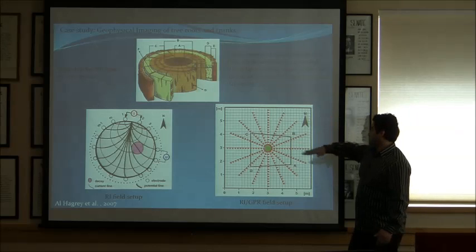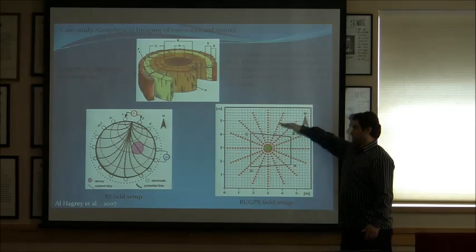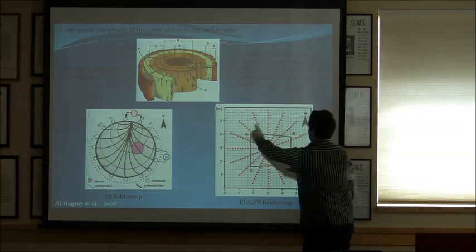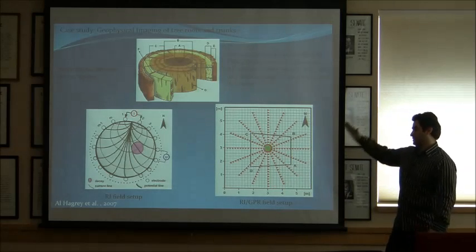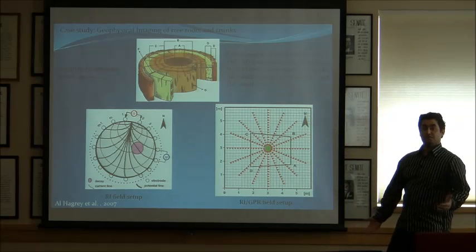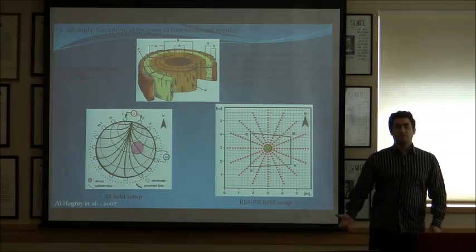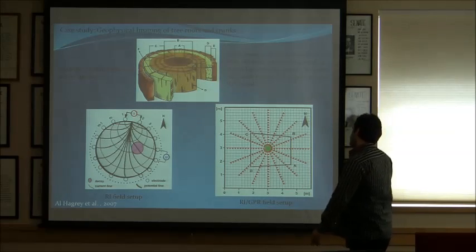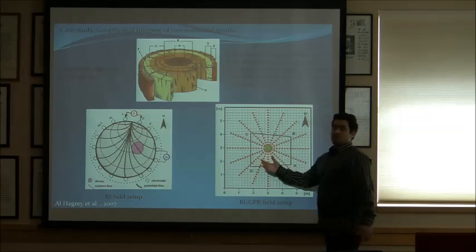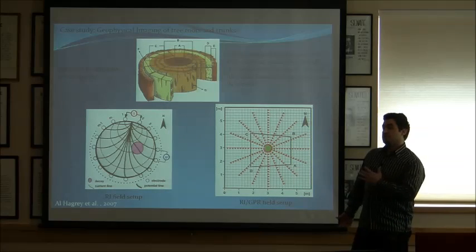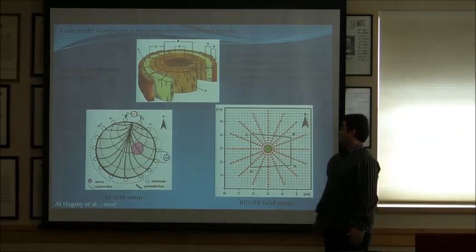These people made trenches around the tree in all directions with half-meter depths and measured the radar tomography. Why did they measure the radar tomography? Two things: to image the tree roots and to measure the moisture heterogeneity around the tree.